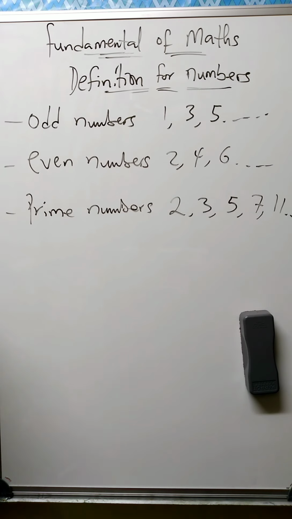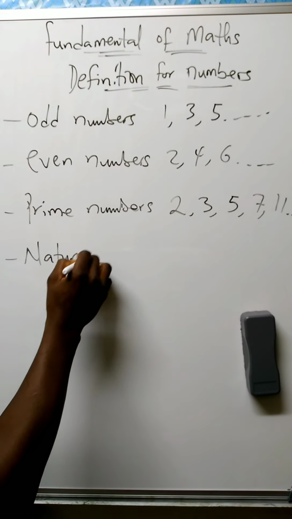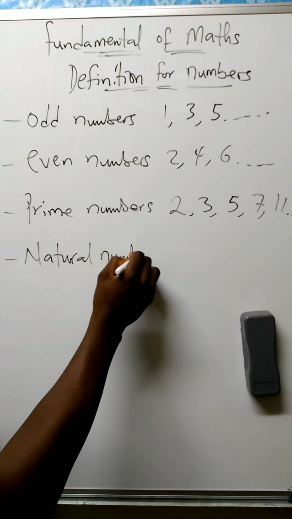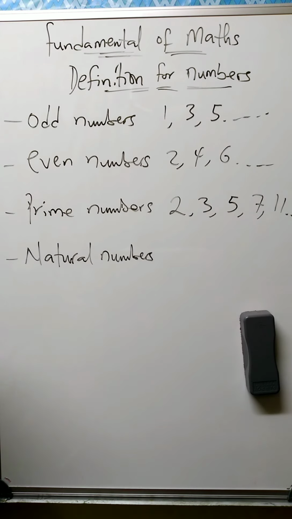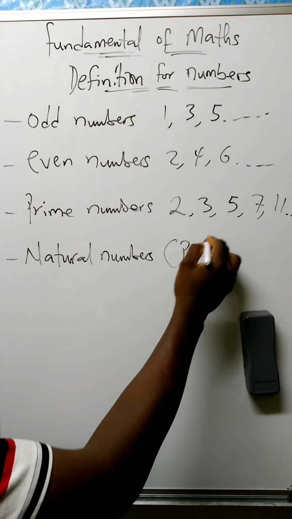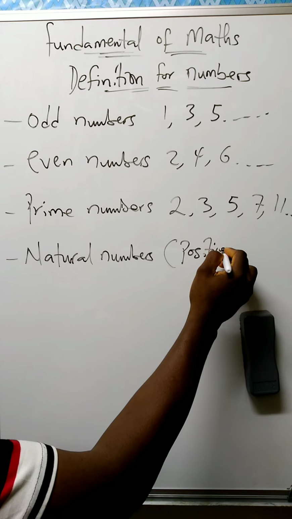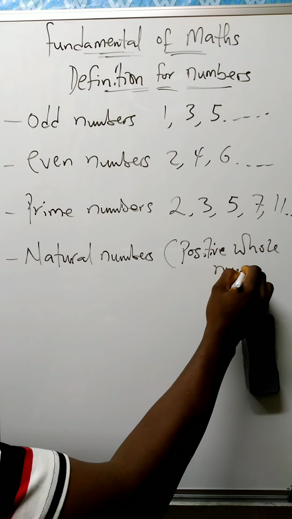There are some other definitions for numbers that we're going to look at. We have what we call the natural numbers. Natural numbers are all the positive whole numbers.